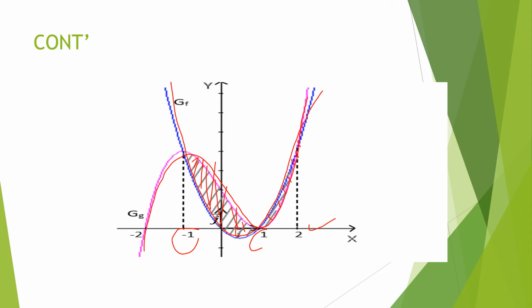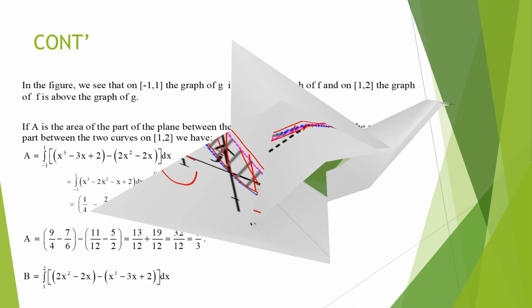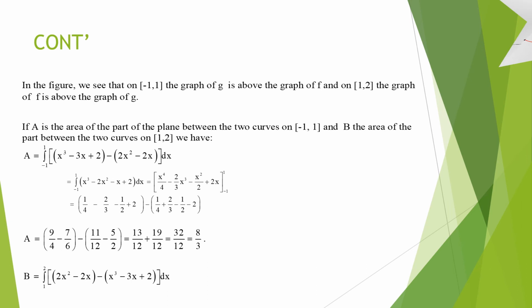So the area between f and g from negative 1 to 1 is equal to the integral. From the previous slide, we saw that over the interval from negative 1 to 1, the graph of g is above the graph of f, and from 1 to 2, the graph of f is above the graph of g.